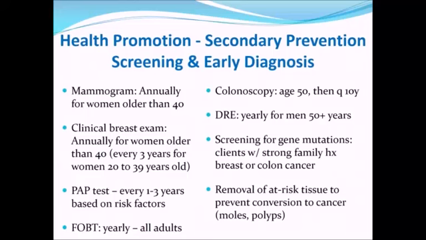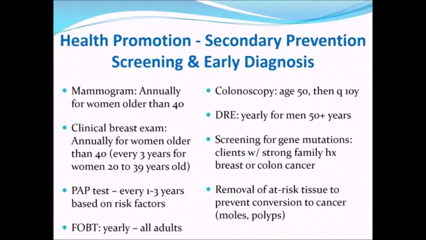Screening for genetic mutations. This is not necessarily a routine thing, but for your patients that have a strong family history, particularly of breast or colorectal cancer, they've identified some gene mutations that are associated with those two types of cancers, and they may do some genetic screening in those cases.